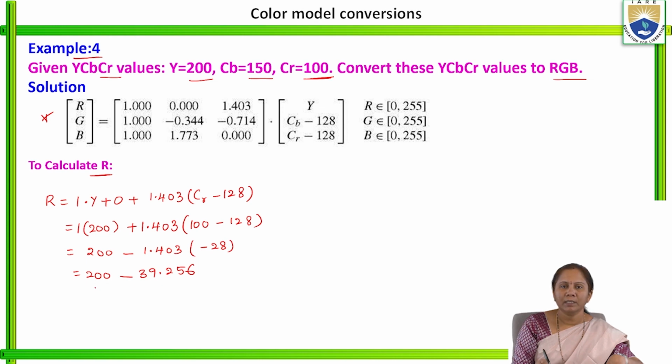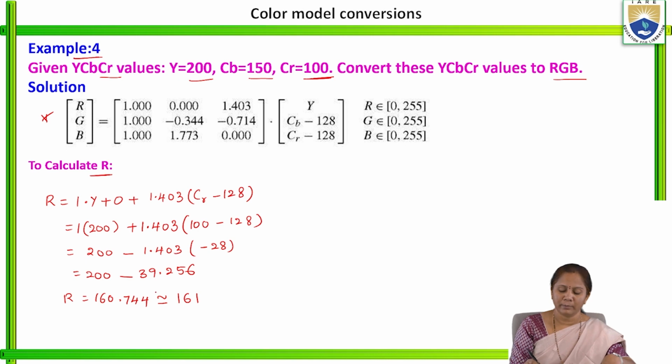After performing the subtraction, the final value of R will be equal to 160.744, which is approximately 161. Because after the point we have 7, round it up to the next highest integer. If it is below 0.5, round it down to the previous nearest integer. So this is the value of R.